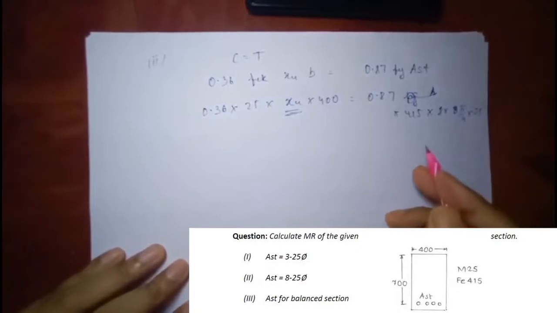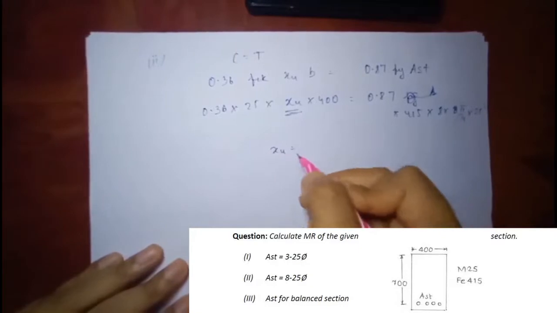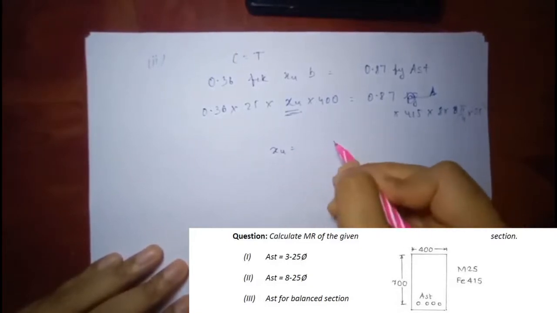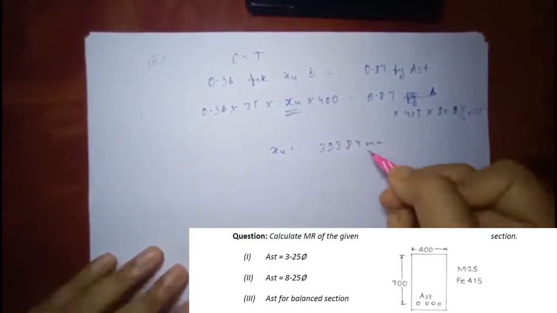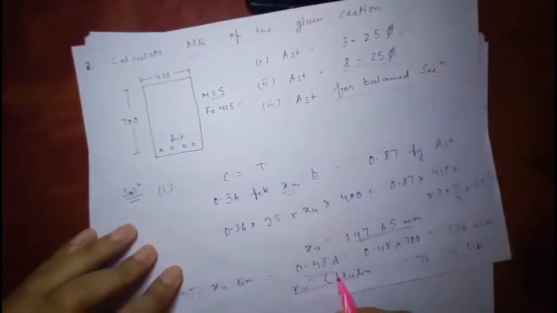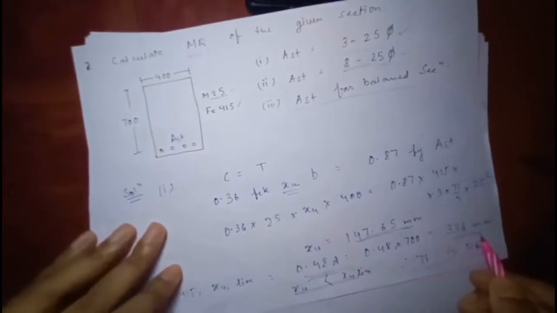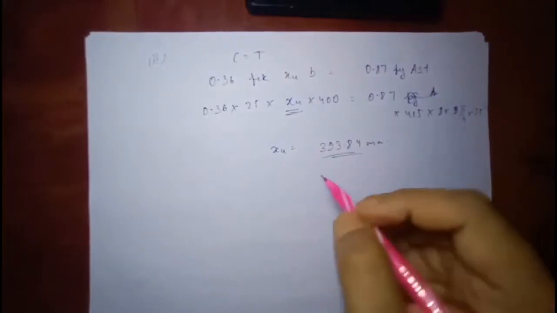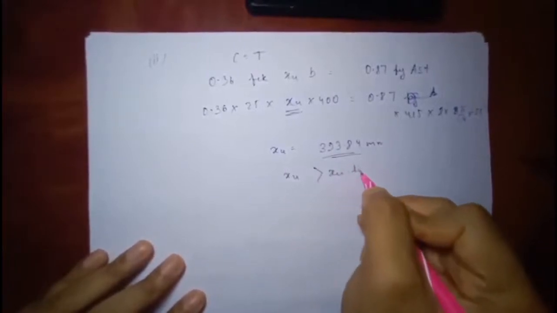So this is my AST which I have calculated, and thus on solving this I will get XU equal to 393.84 mm. But previously I got XU limit equal to 0.48 D. It won't change for any type of steel, and it was 336 mm. But now XU is equal to 393.84. So now XU is higher than XU limiting.